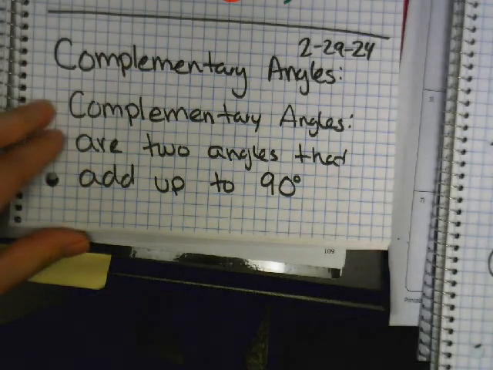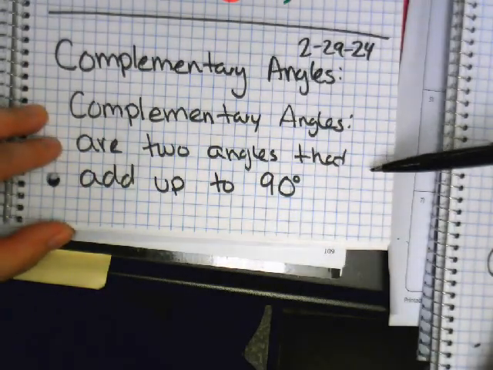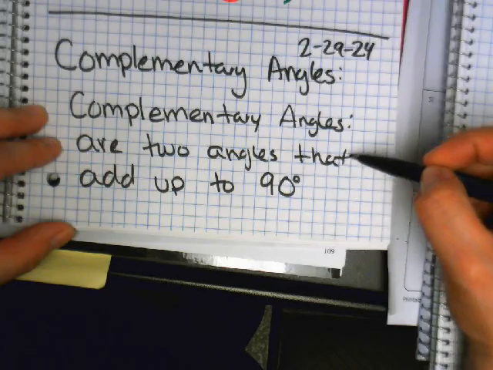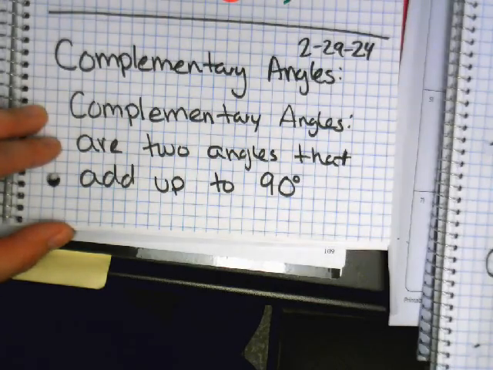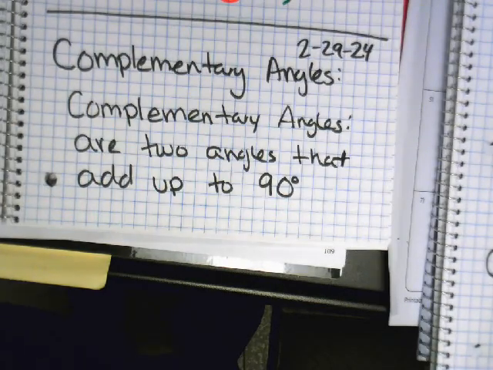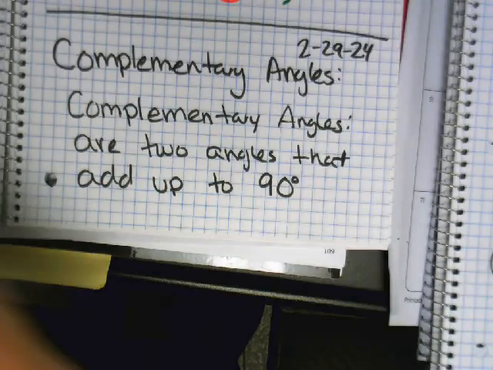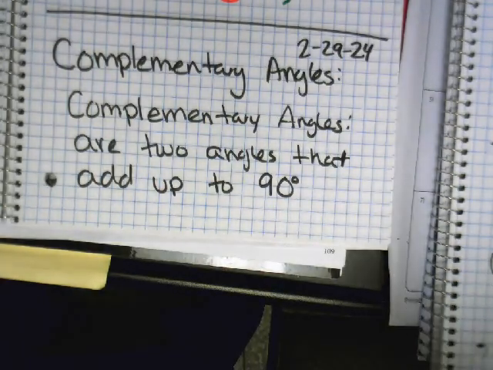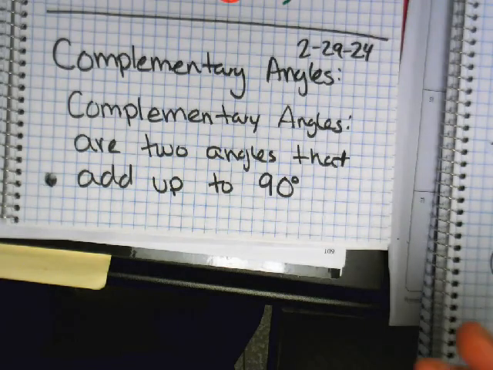All right. So, complementary angles are two angles that add up to 90 degrees. Copy that down because I have to turn the page. Ready? Okay. Now, 90 degrees.